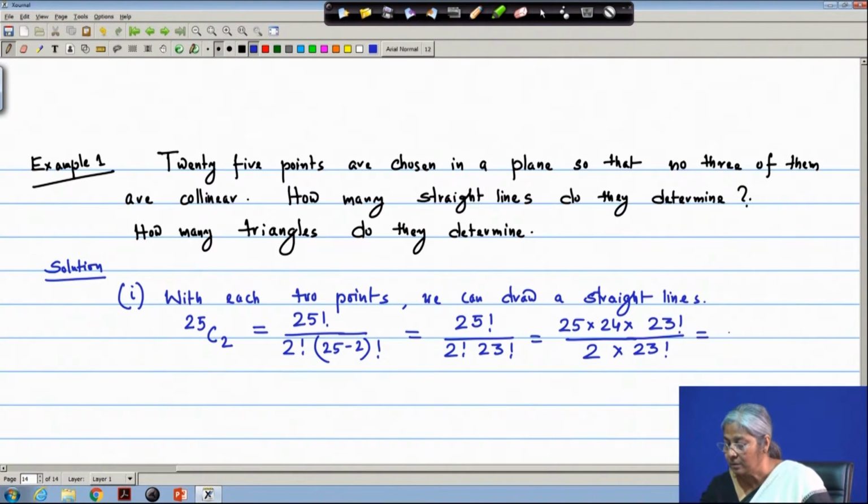So, this becomes 25 into 12, which is 300.